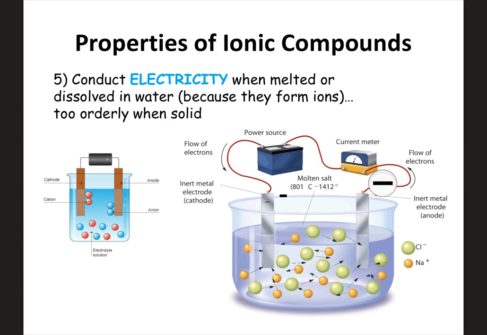The plus and the minus are stuck together, so the negative cannot flow. It cannot conduct electricity. But as soon as you melt it or put it in water, those plus and minus come apart, and this allows the negative charge to flow and the electricity to be conducted. So very important to remember that ionic will only conduct when melted or dissolved.